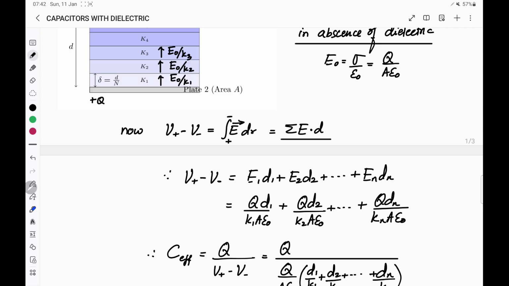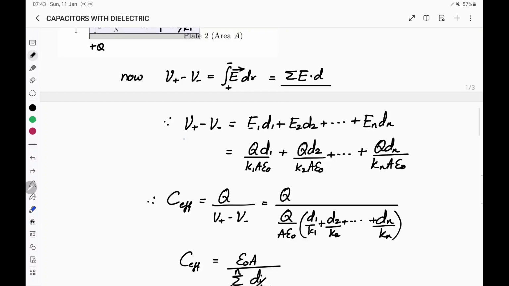Instead of integral E dr, we can write sigma E·d, because in our case we have a constant electric field in each of the dielectrics. So the total potential difference between the plates is going to be E1 d1 plus E2 d2 and so on up to En dn.